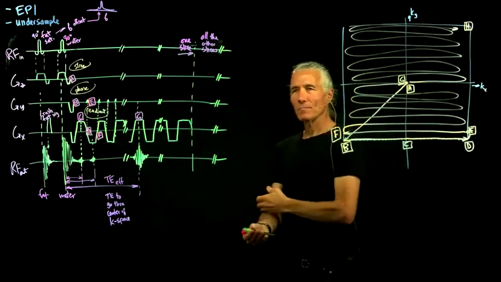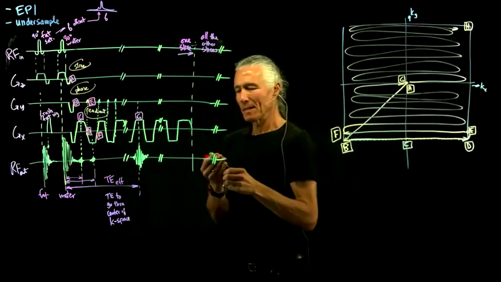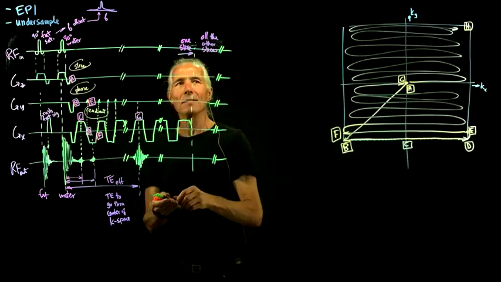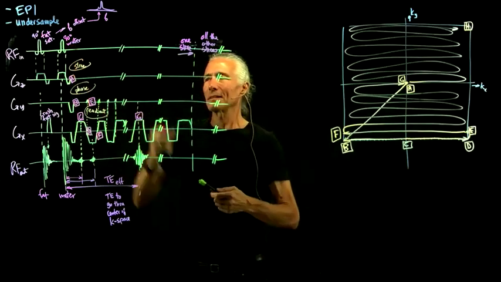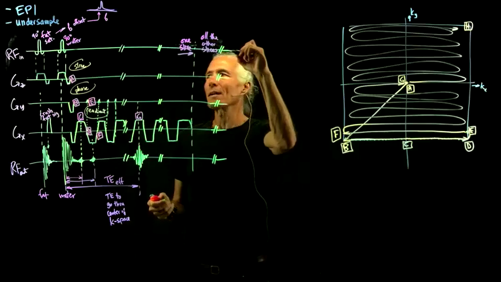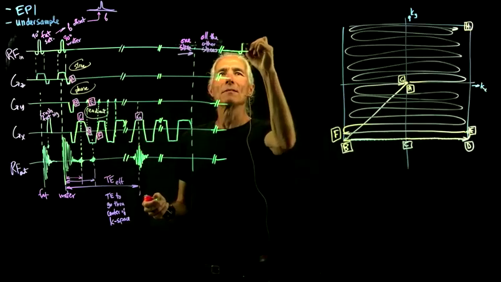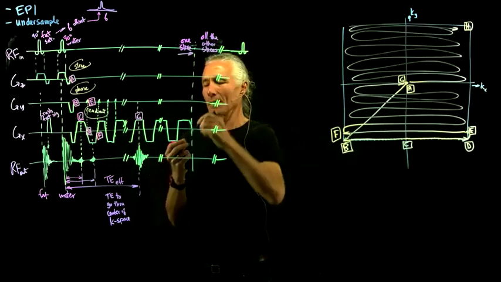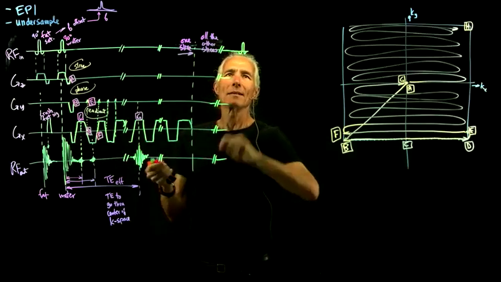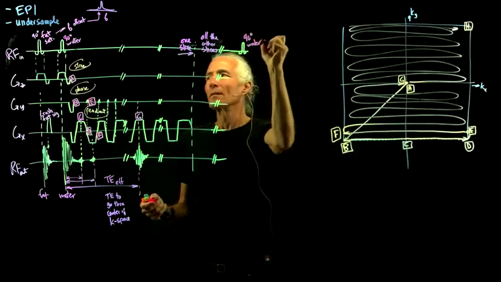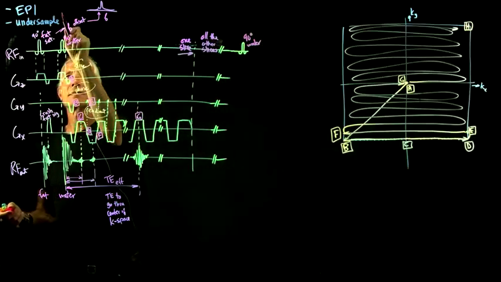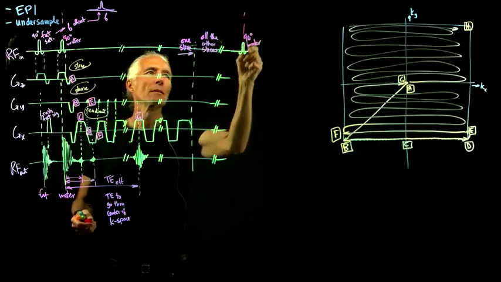And so we finally do the FATSAT and the water 90, so say that's the water 90. And that's the TR, 90 degree water. So our TR is this time here, from here to here.